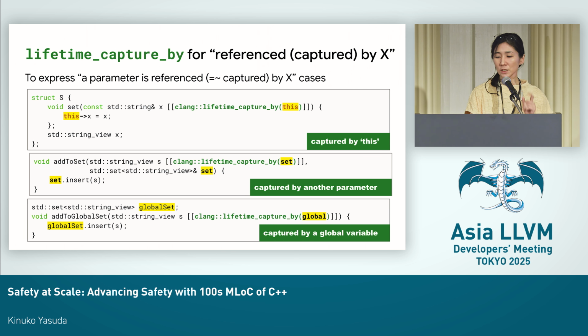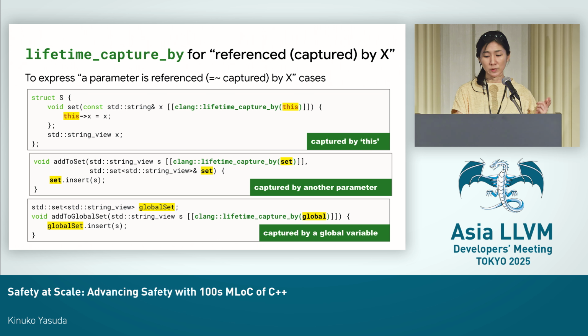So we propose a new annotation, lifetime_capture_by, to express more general referenced-by or captured-by relationships, so that Clang can give a warning for more general dangling cases like these.